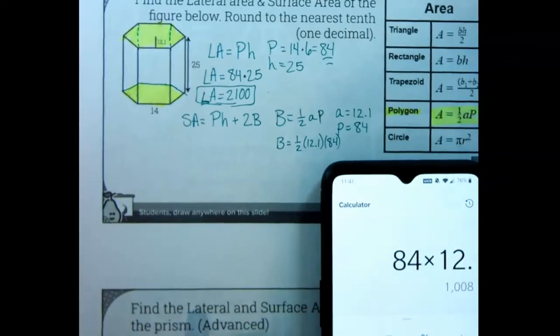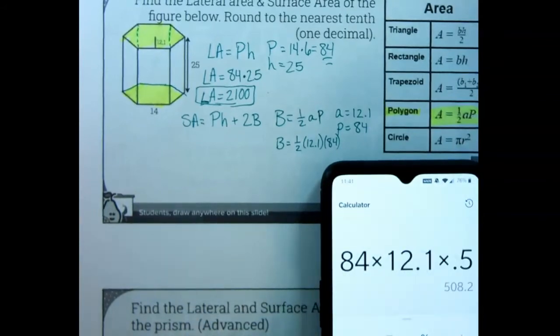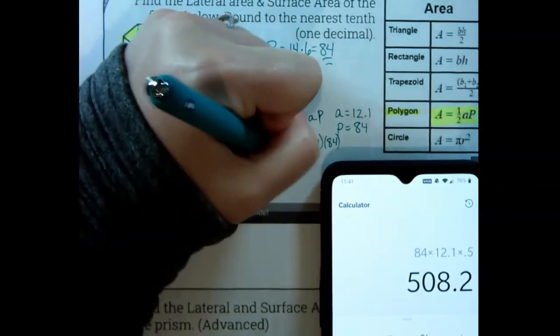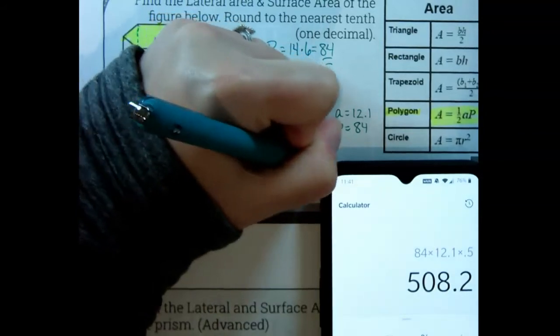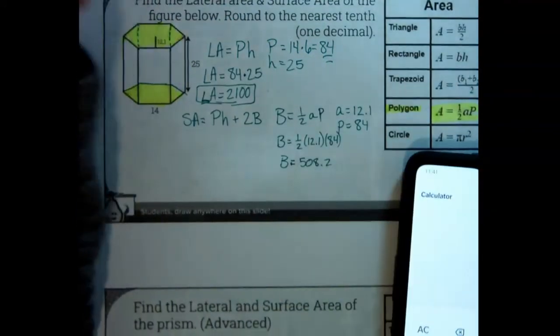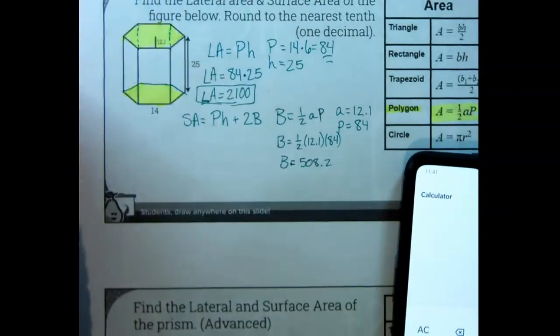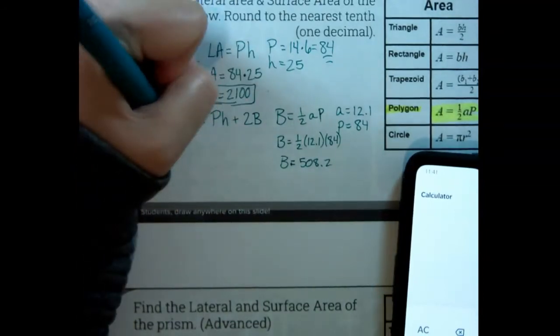Times 12.1 times 0.5, or you could divide by 2. You get 508.2. We'll round to the nearest tenth. It's already rounded to the nearest tenth.